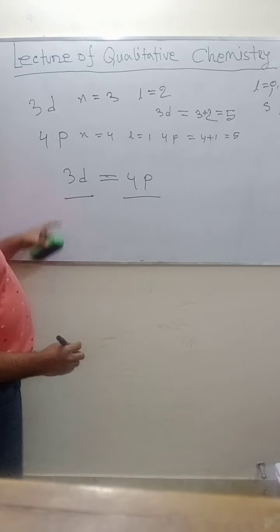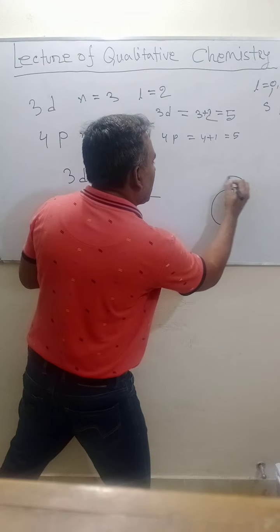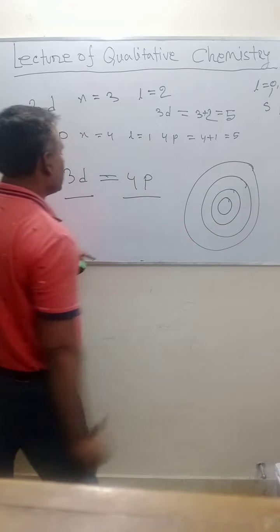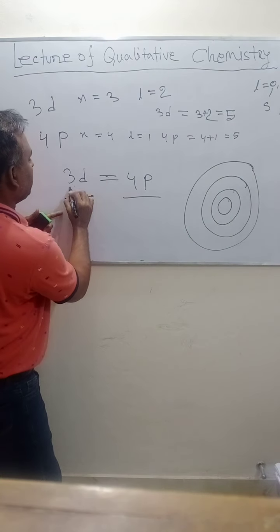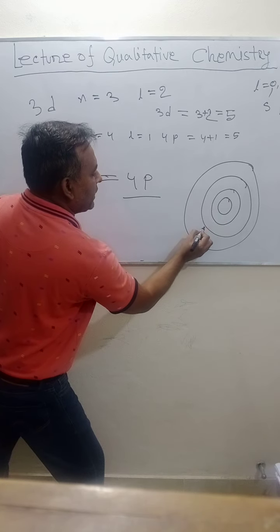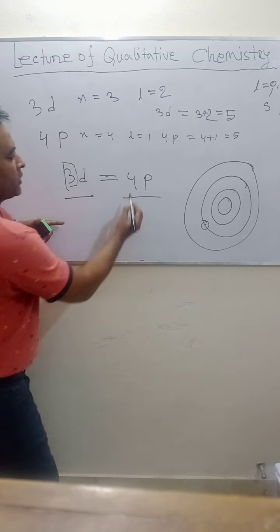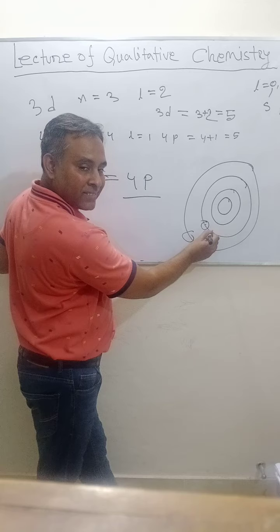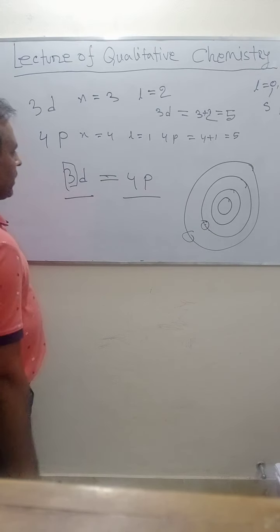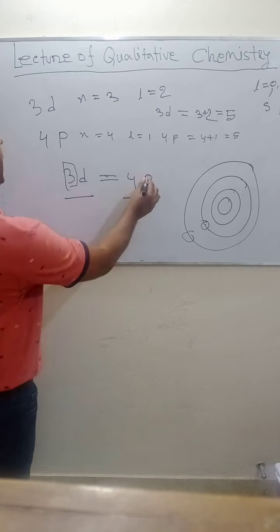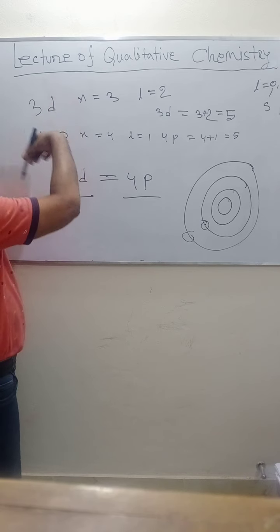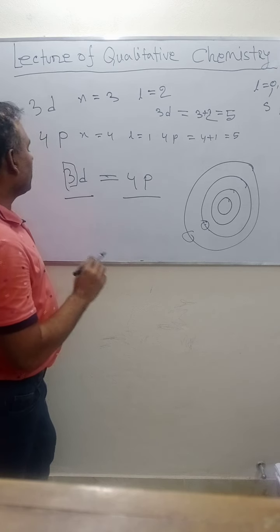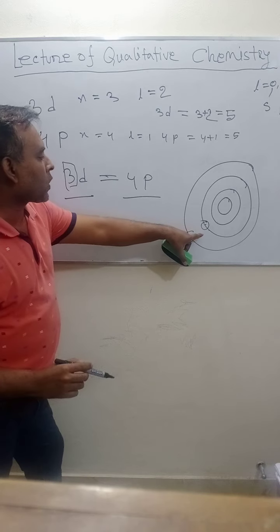You have to understand this one. Clear? 3d means 3, this is 4. So the electron will enter from here, here, then here. That means if you have the same value for different subshells, then your decision will be by which shell is first.